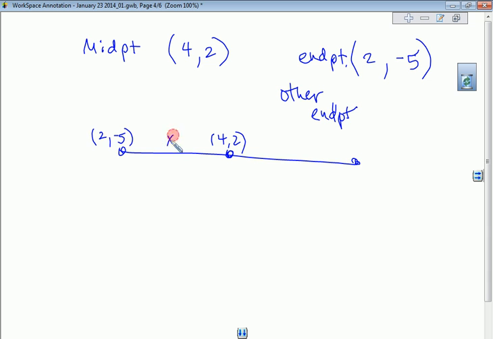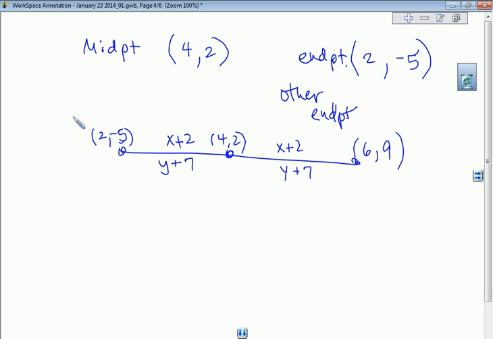So what do I have to add to my x's to go from 2 to 4? 2. So to get to the other endpoint, what would I add to the midpoint? 2. So what would the x value be? 6. All right. What do I add to the y value to go from -5 to 2? 7. So I'm going to add 7. What is 2 plus 7? 9.